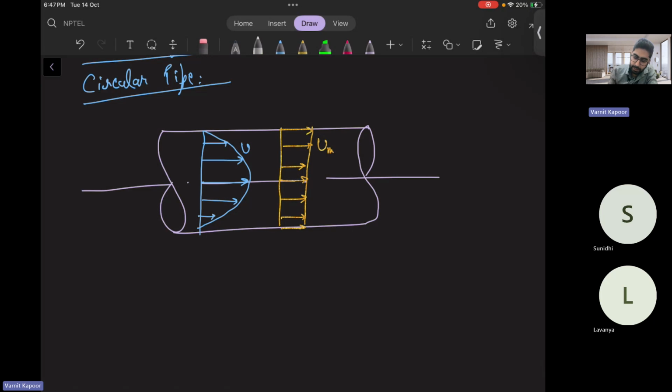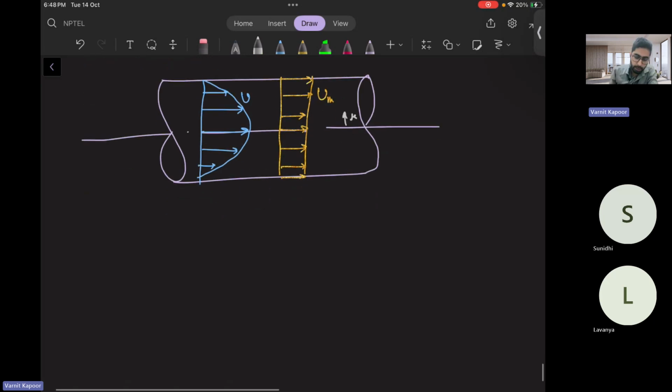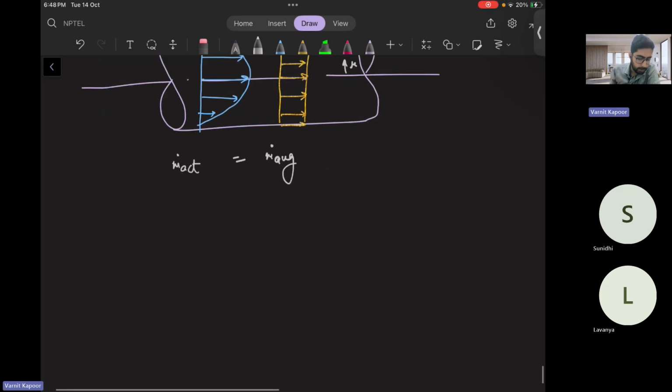So assume that my radius is measured from the center line. Whatever the actual mass flow rate, it will be the same as the average. So my momentum rate in average will be mass flow rate average into V average.